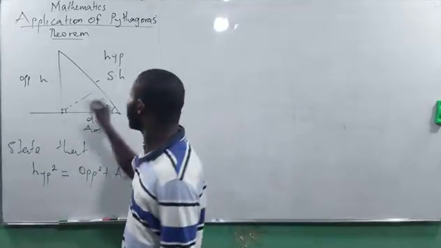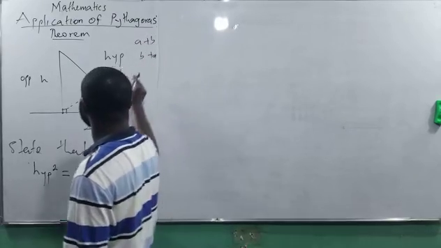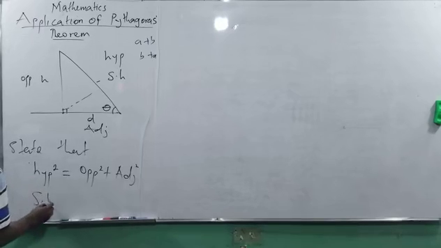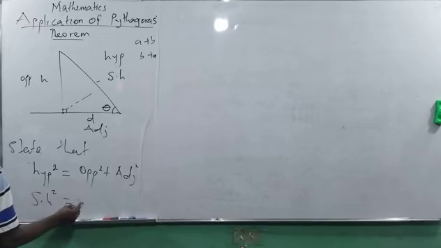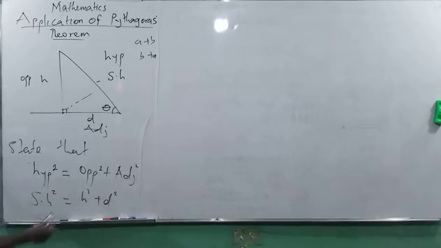Don't forget that A plus B is the same as B plus A, so there won't be any problem because of the commutative property. Now, I think by now I can say that slant height squared equals height squared plus d squared. That is what is called Pythagoras theorem.